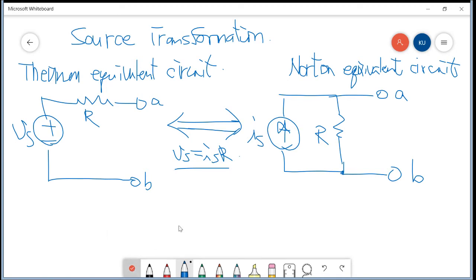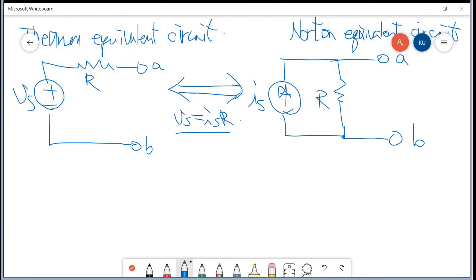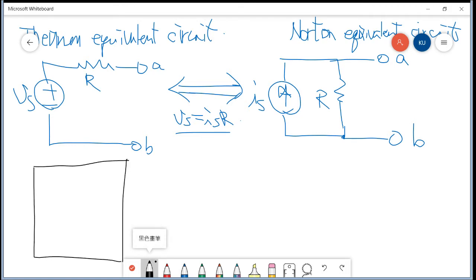What does it mean by equivalent? The simple answer is that if I put this circuit in a black box, or if I put that circuit in a black box, and you only see the terminals A and B, you are not able to open the black box.